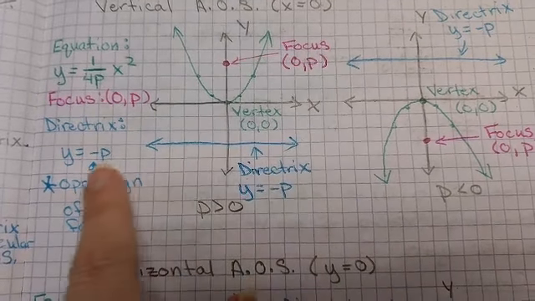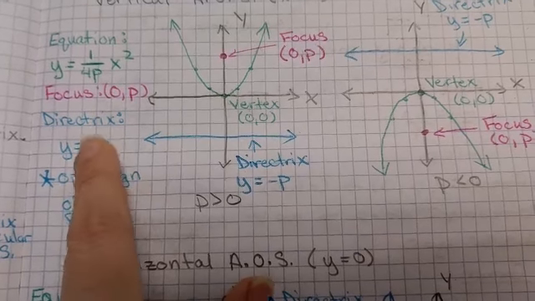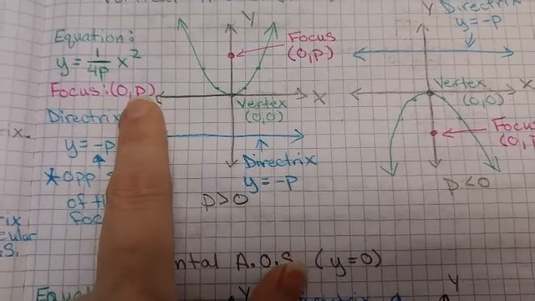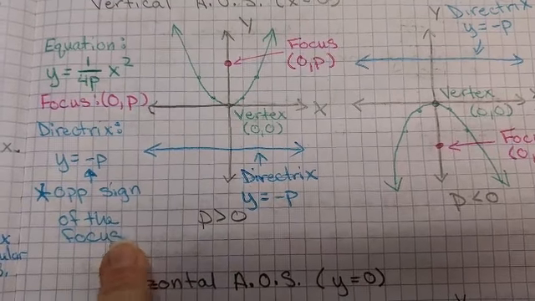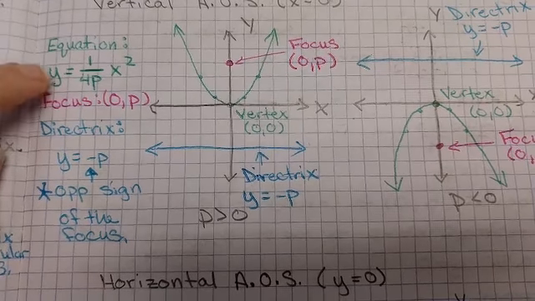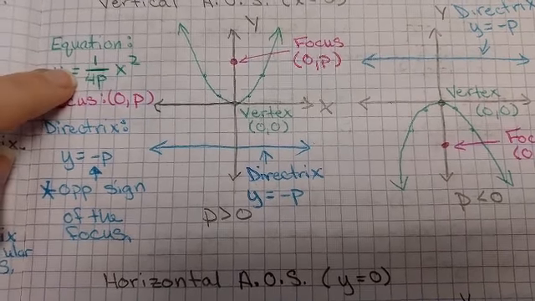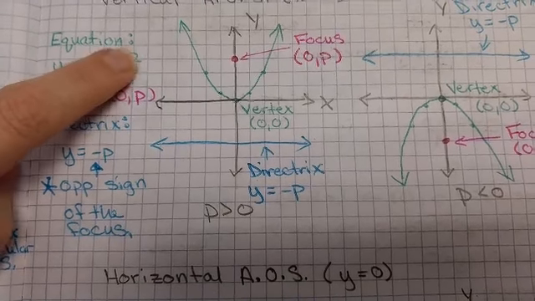Our directrix is going to be the equation y equals negative p. Now this negative p means that it's the opposite sign from our focus. And then our equation for all of our problems today is going to be y is equal to 1 over 4p x squared.